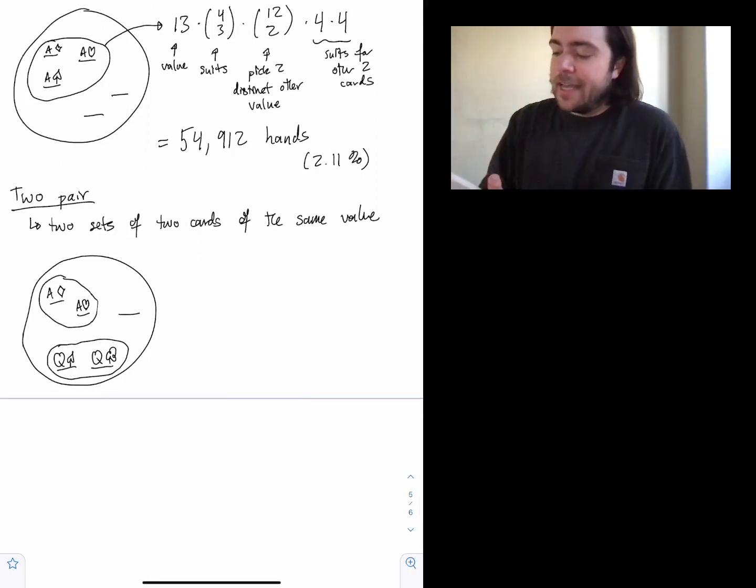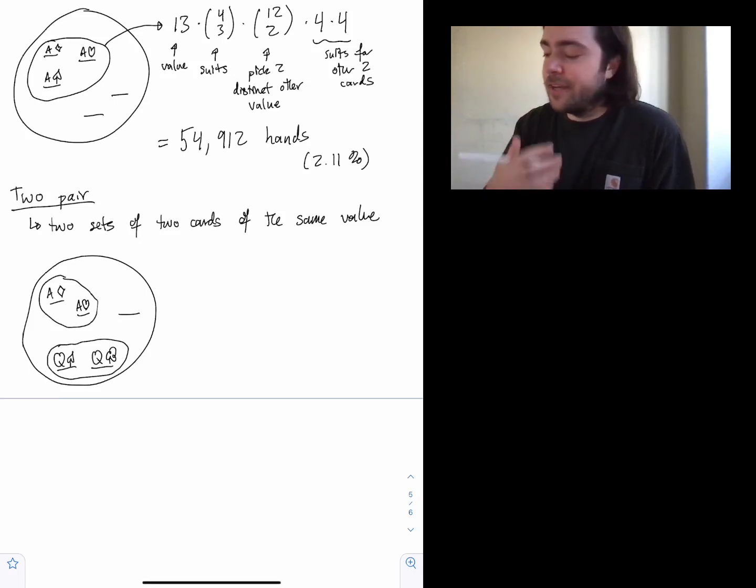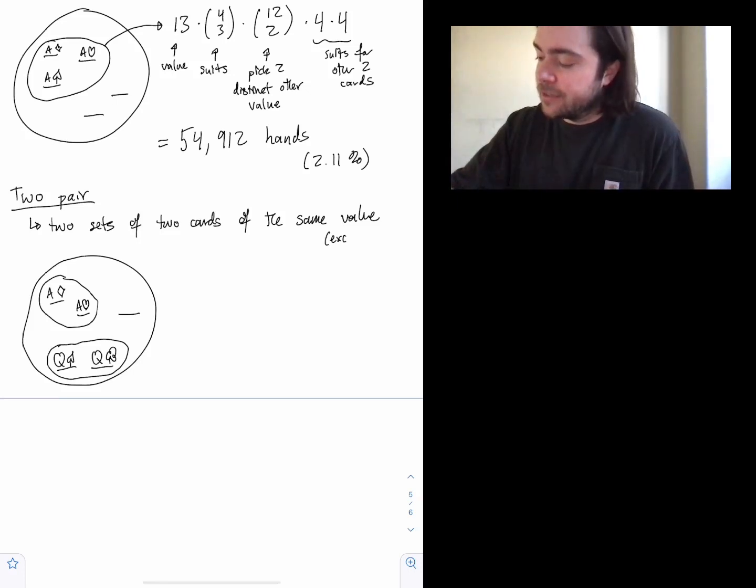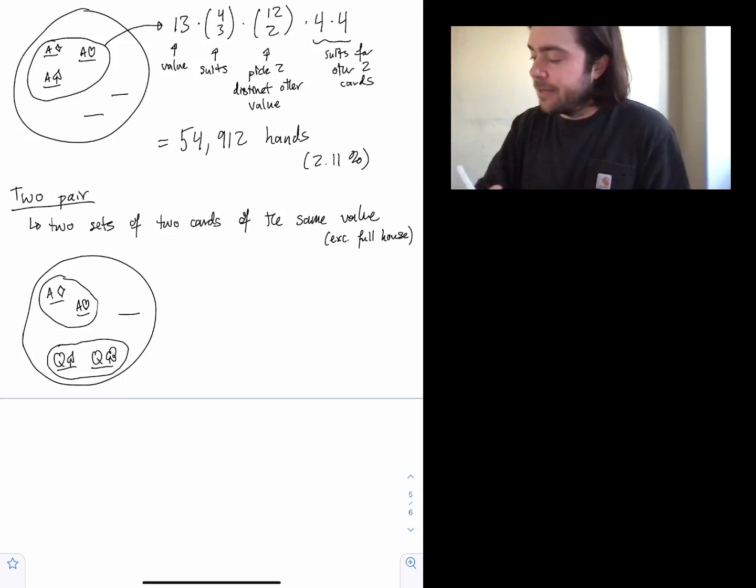Are there any hands we want to try to avoid that we already counted? Well, yeah, we have to try to avoid the full house. Because if this card is an ace or a queen in this example, we would have 3 cards of one value, 2 cards of another, and that would be a full house. So we want to exclude full house. We'll keep that in mind.